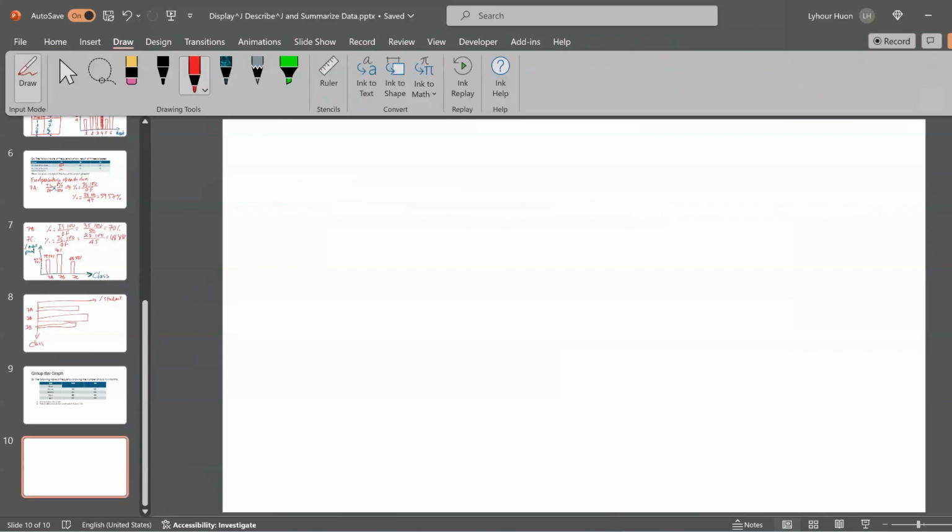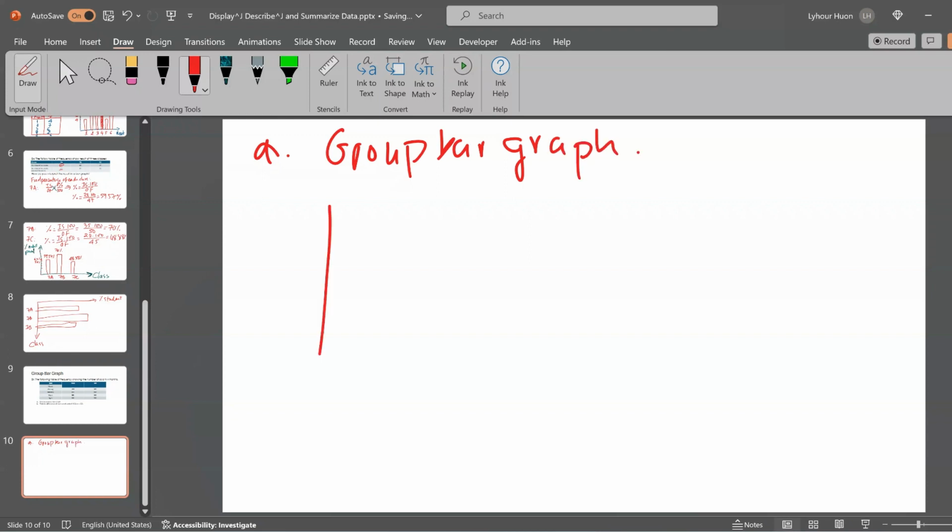Okay, I will do the example here. So group bar graph will be shown like this.